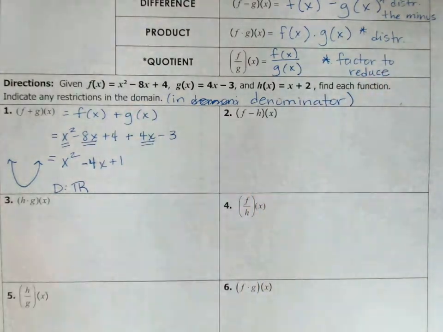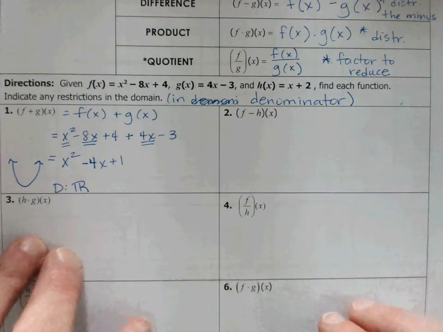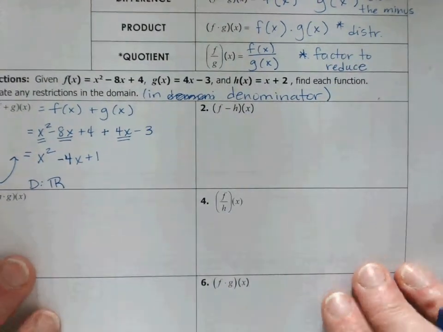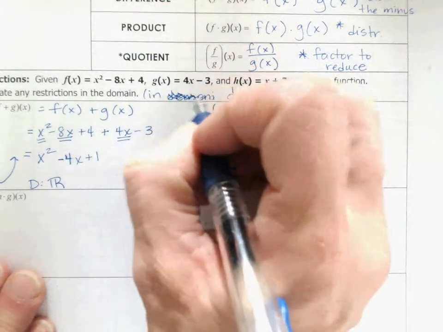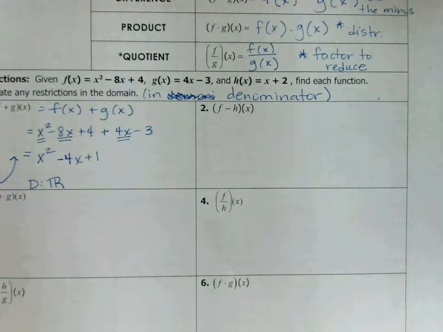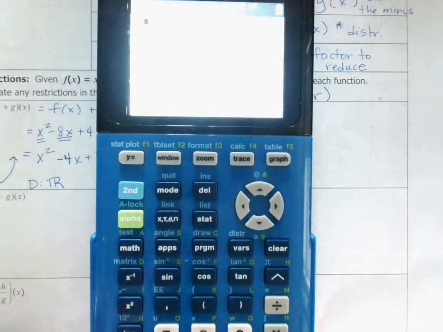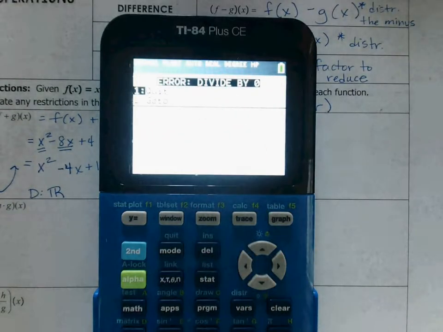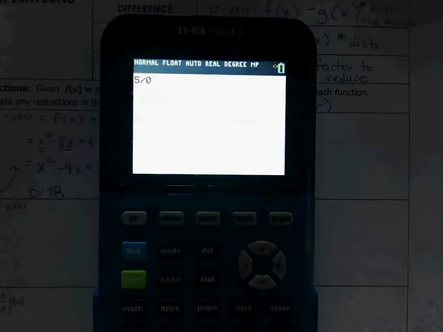All right, what is the one thing you can't have in a denominator? You can't divide by what? You can't have an i. I like that. We're not going to do i's today, though. What else can you not have in the denominator? Oh, 0.